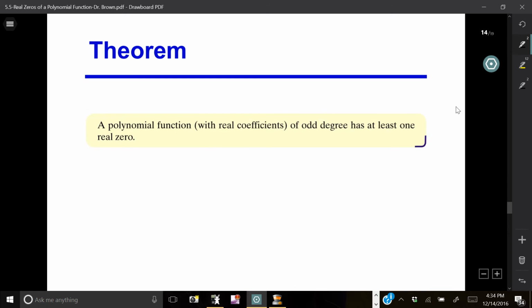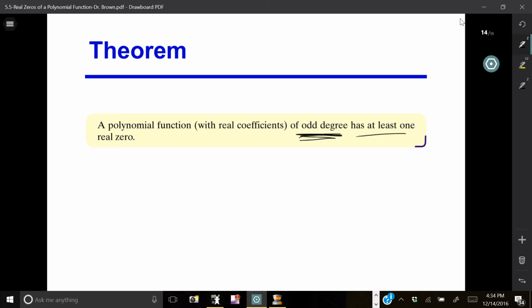Now, here's a theorem that if you think about it a little bit, it's probably obvious. It says a polynomial function with real coefficients of odd degree has at least one real zero. Well, why is this so?